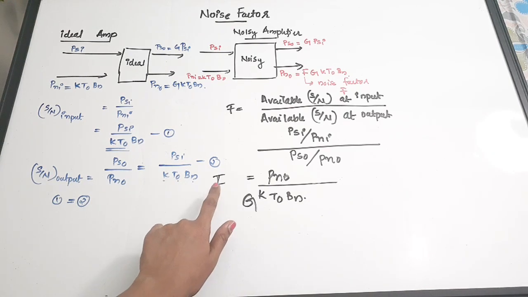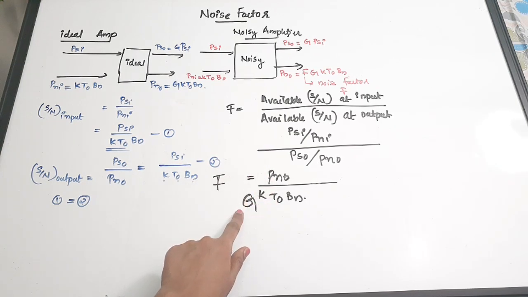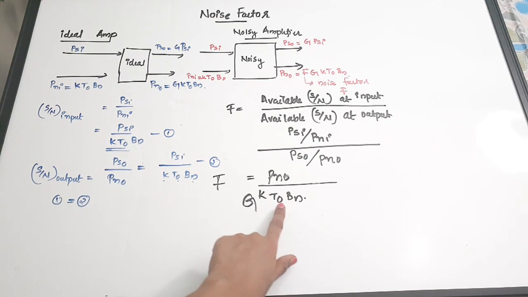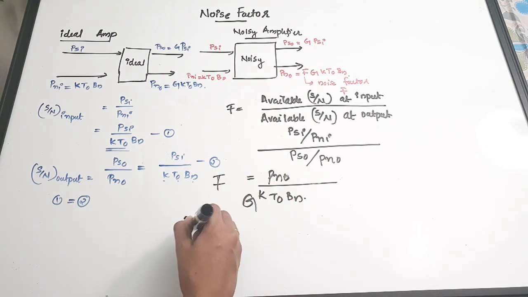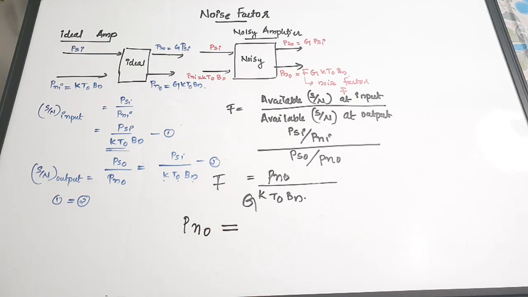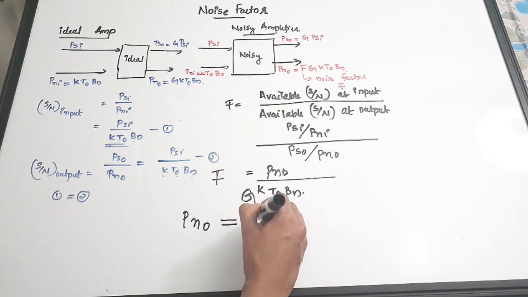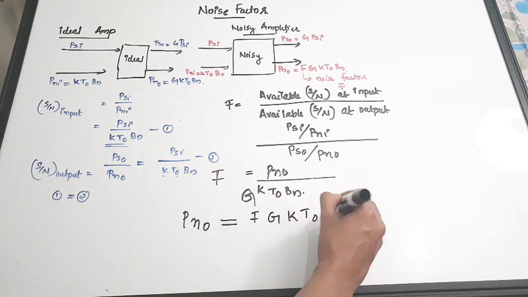Okay, so the noise factor F is equal to the output noise power by gain into K, Boltzmann's constant, into T0, temperature, into bandwidth. Also we can write the output noise power in terms of the noise factor as Pn0 is equal to F into G K T0BN.